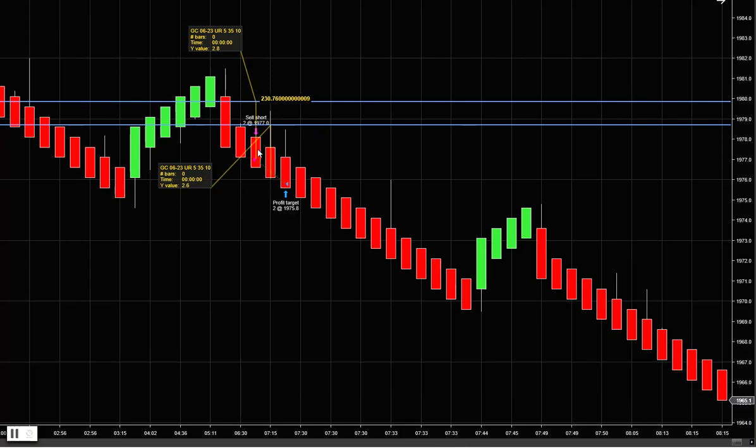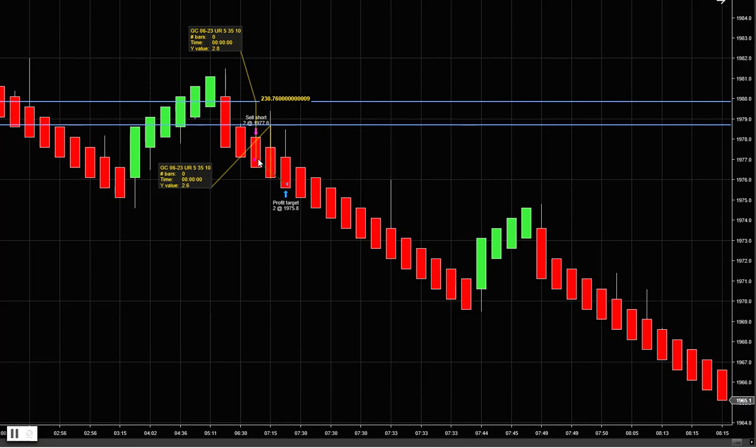That's where the short entry was taken right here. Now, why would the entry happen on this bar? Because this bar is a short bar. The open is right here, and once the bar opens and the price continues to go down until it gets to that 1977 price, the entry was taken.